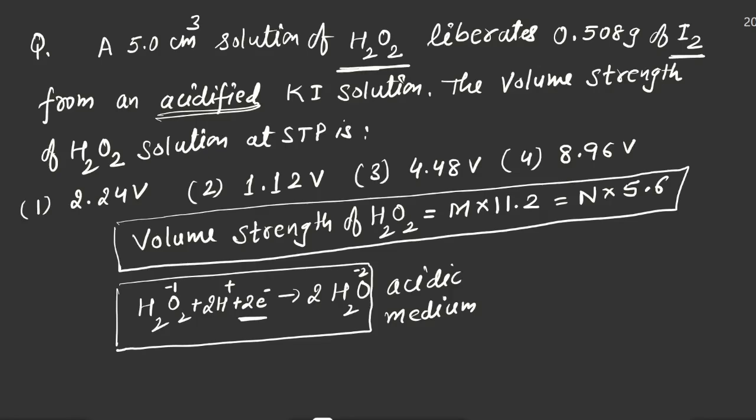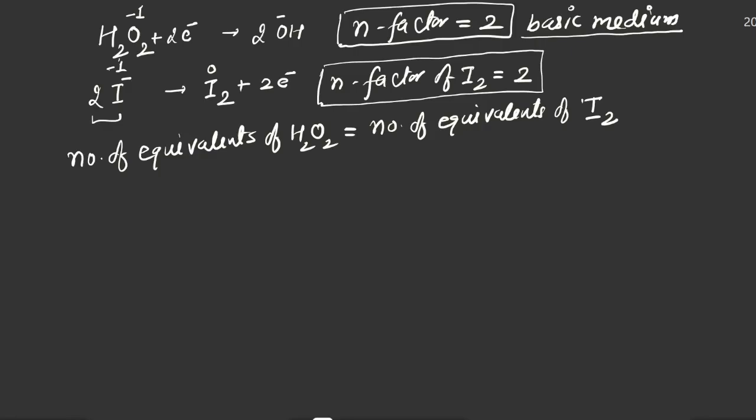Now, in case of H2O2, volume is given in ml. So, it is normality of H2O2 into volume of H2O2, and it is equal to number of equivalents of I2.